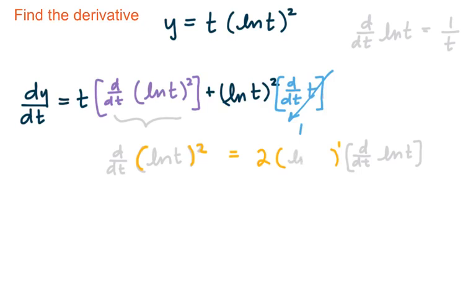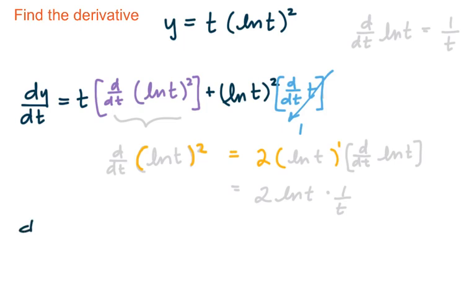All right, so I'll go ahead and throw that ln t back in there. In this situation, the derivative of natural log of t is going to be 1 over t. So what we end up with is 2 natural log of t times 1 over t. And this expression is what I'm going to have right here.